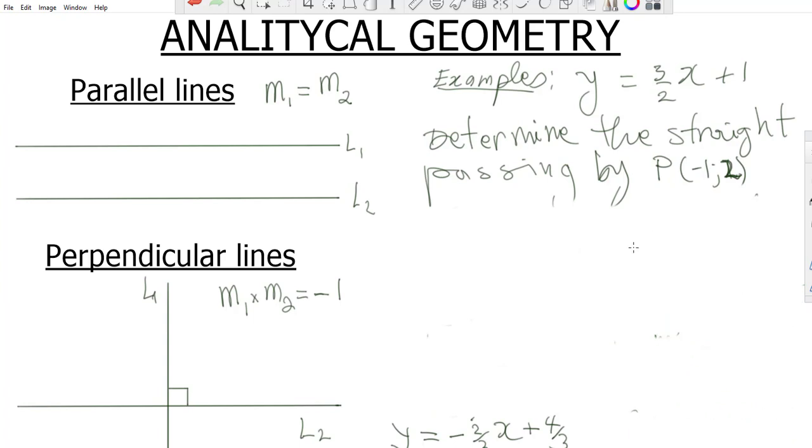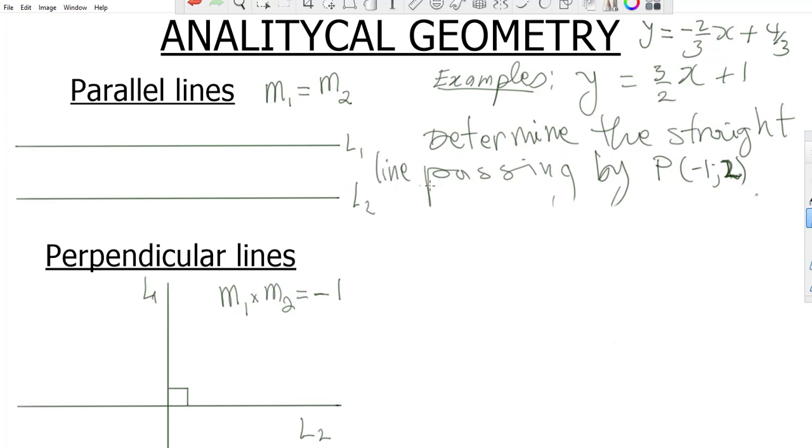This is the equation: minus 2 over 3 x plus 4 over 3. So these two equations are perpendicular.